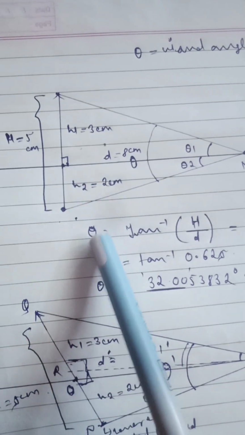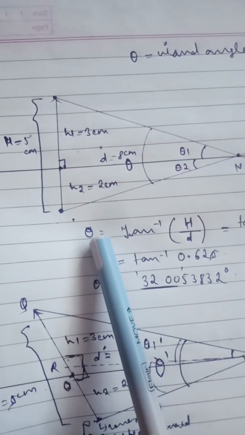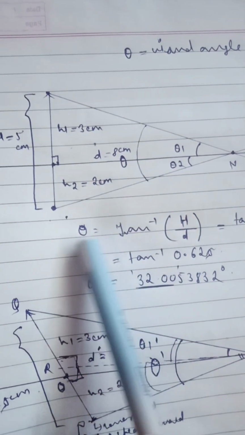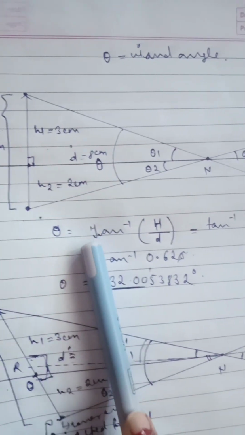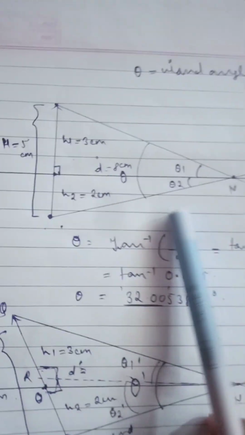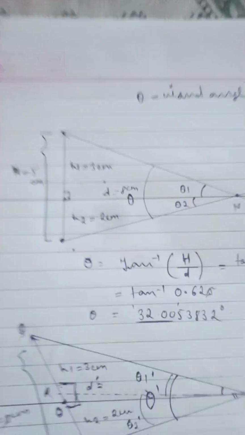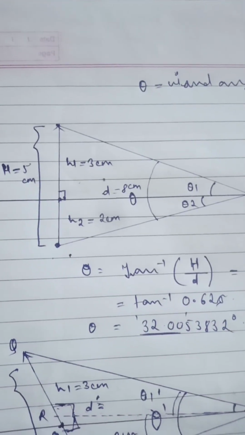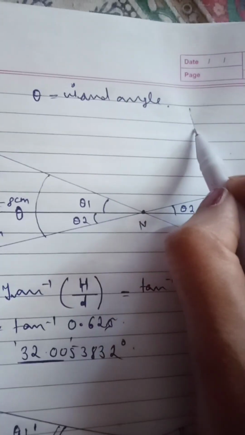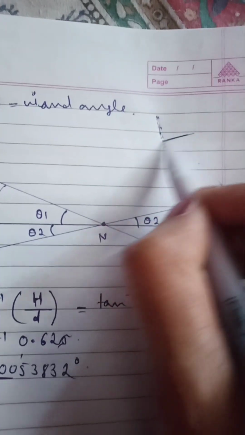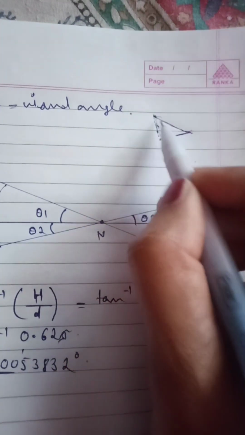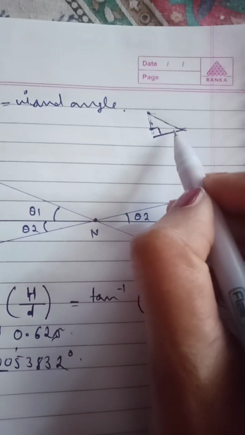Now if it is perpendicular to this visual axis, we can use this tan inverse function to calculate this theta angle in degrees. You can calculate in radians also. It's very interesting that this tan theta function is very important for a right angle triangle.